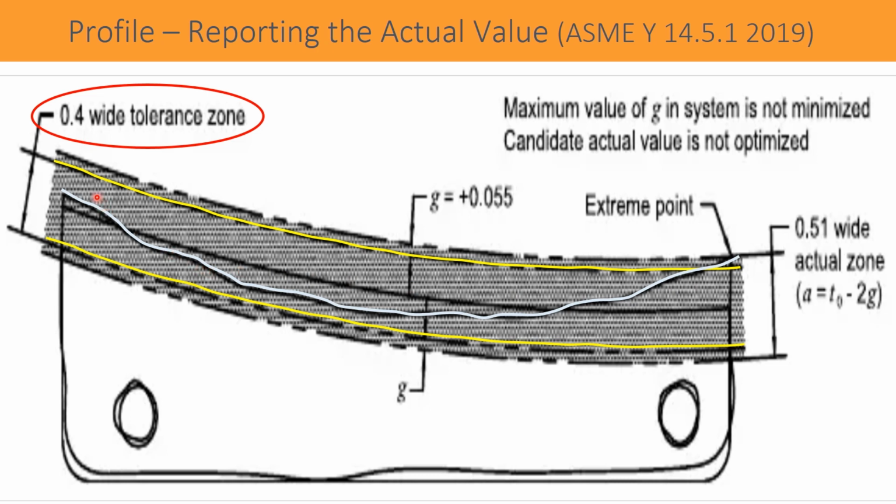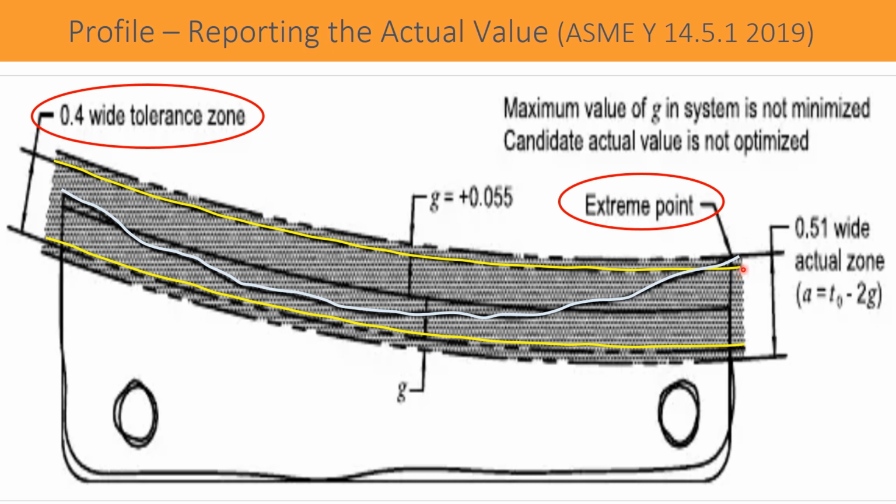When we follow the gray line, the actual line, we get an extreme point over here, and it is easily seen the actual point is a little beyond the tolerance zone given.